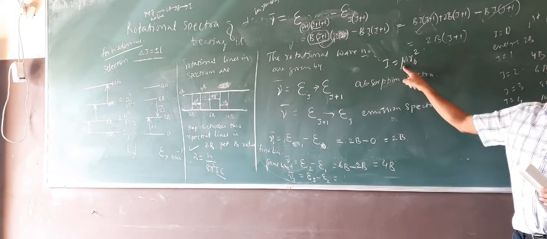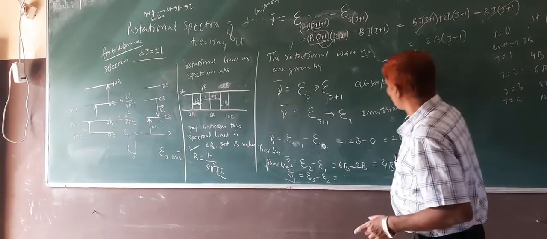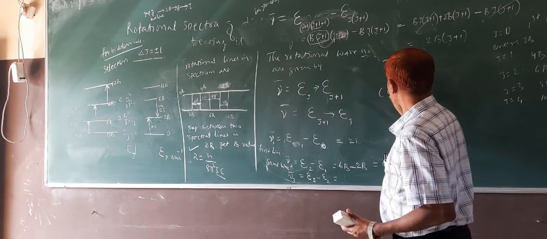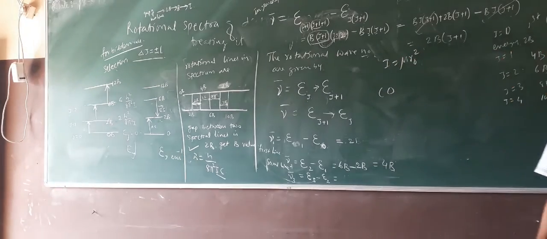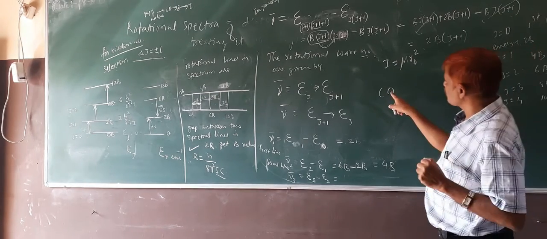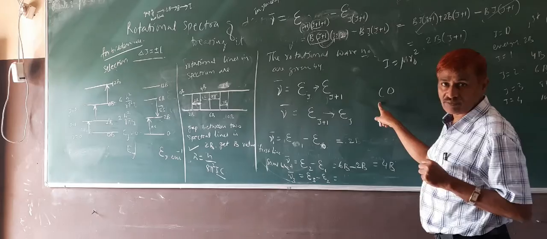Not mu, because if I am finding for carbon monoxide, if I am doing it for the carbon monoxide diatomic molecule, one atom is carbon, another atom is oxygen.